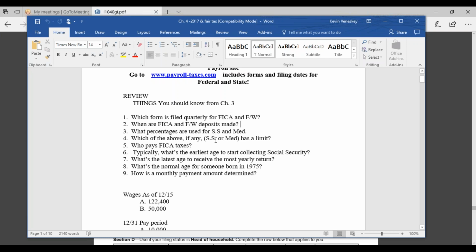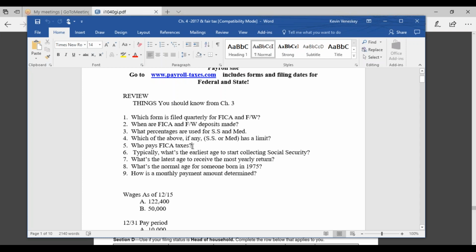Social Security is capped, at least for this current video, at $127,200. If you're in a future semester beyond 2017 or the early part of 2018, your number will be a little bit different. Make sure you refer back to your notes because those caps do go up typically on a yearly basis. Every once in a while, the amounts will stay the same, but typically they do go up.